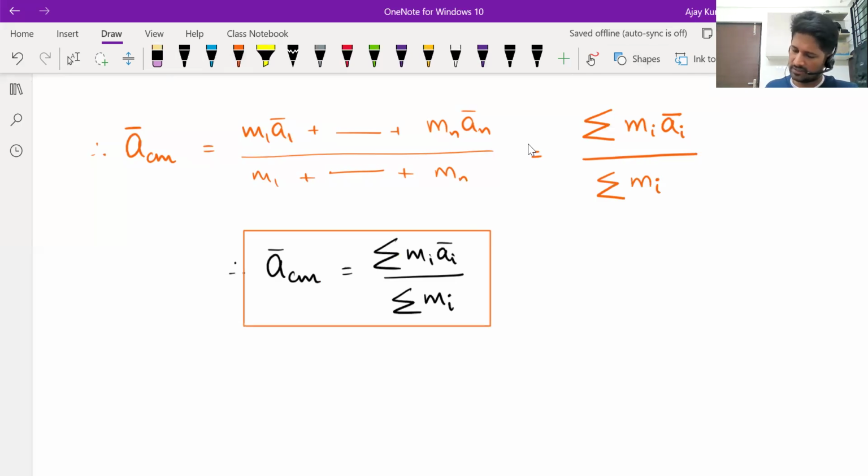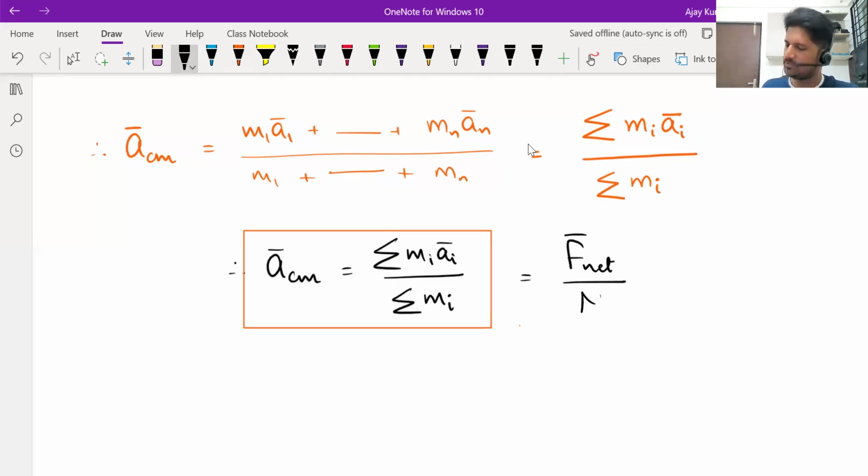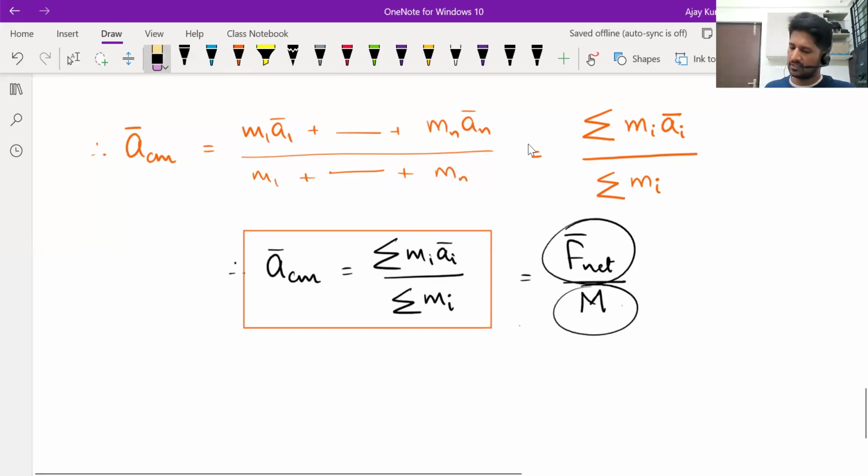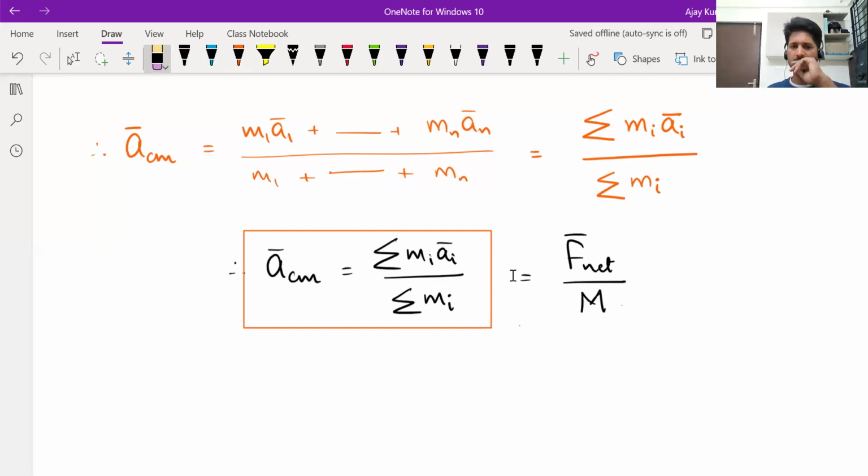Okay. You can also just call it net force divided by the total mass of the system. That is by definition of center of mass, because center of mass is a point which behaves as if it has this much mass and this much force is acting on it. So directly net force divided by m.